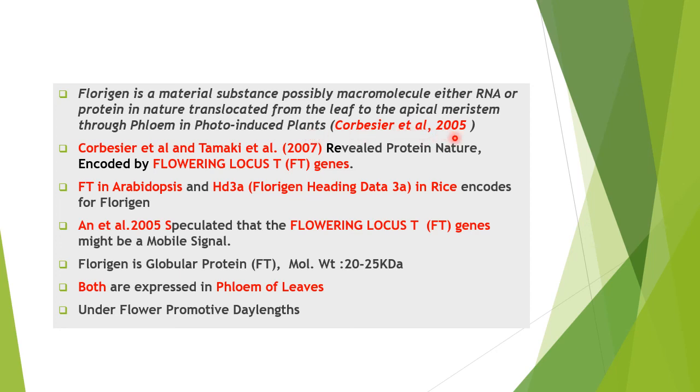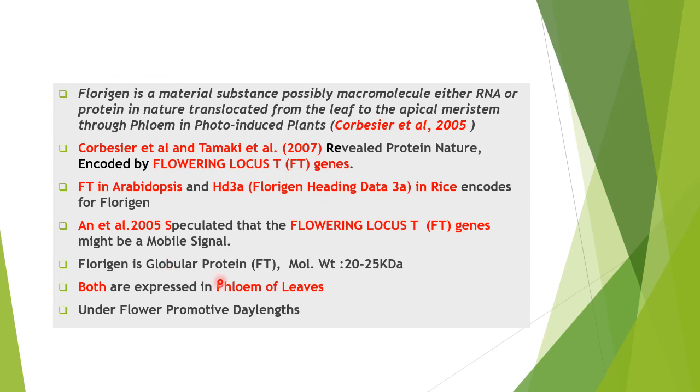It was done in 2005. And at the same time, the protein nature of it was also revealed. It is encoded by Flowering Locus T, FT genes. FT in Arabidopsis and Hd3a, Heading date 3a, in rice encode for florigen. These genes are encoding for florigen. Corbesier et al. 2005 speculated that the Flowering Locus T gene might be a mobile signal.